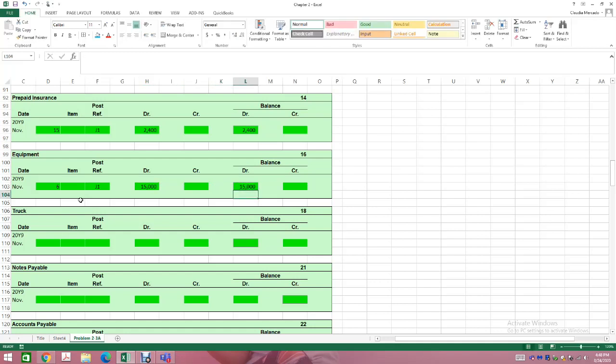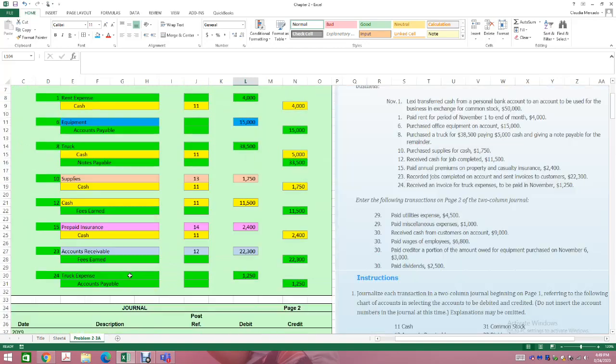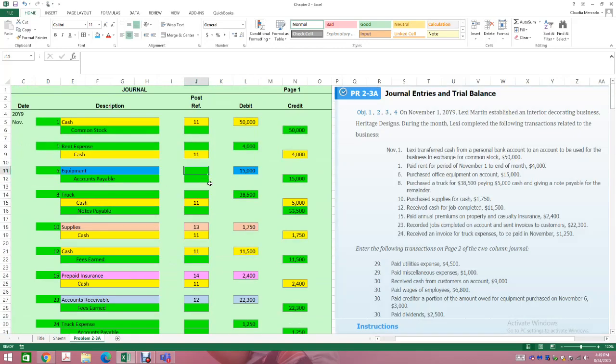So we just transfer the balance over to my debit side of my balance columns. These two are your running balances. Okay. And then I'm going to go back to my journal and I'm going to enter account number 16 for my entry for equipment. Okay, right here I'm going to enter a 16. Okay, there we go.